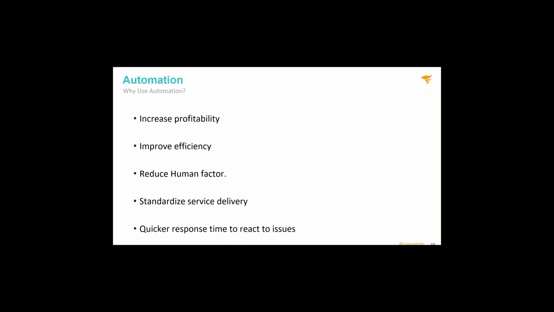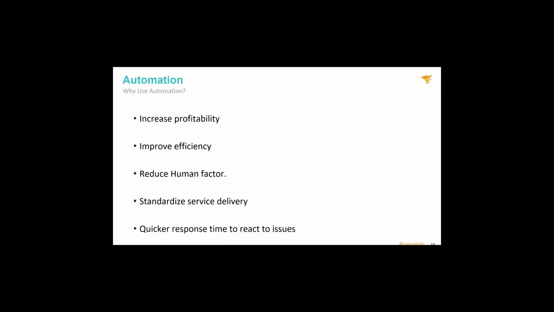The other thing is, you don't need to do all the boring tasks, but they're actually quite important as well, like weekly maintenance or daily maintenance, where you have to do that over and over again. By using this automation manager, you can reduce human error.